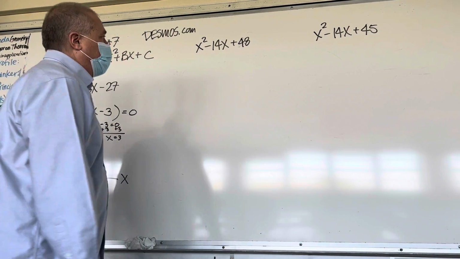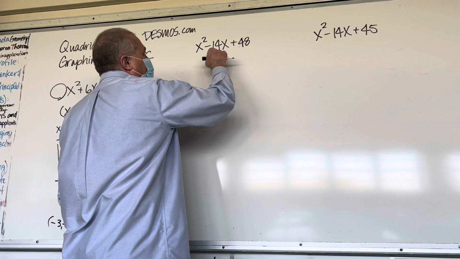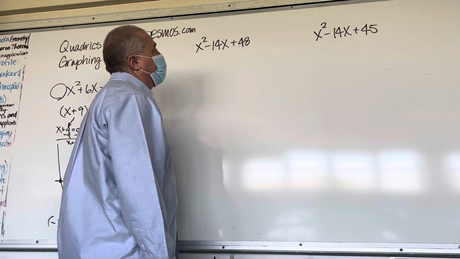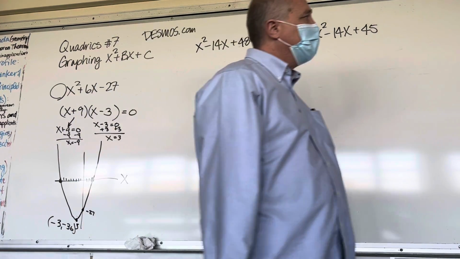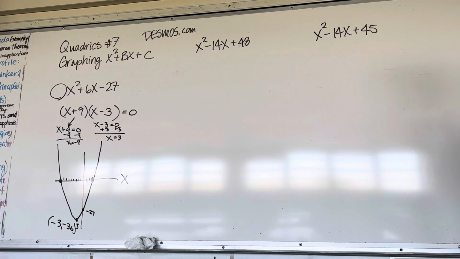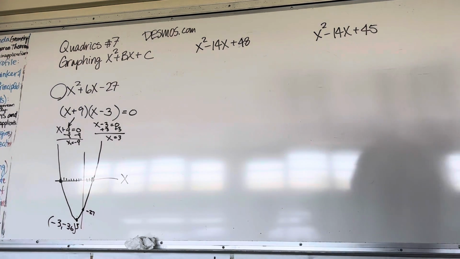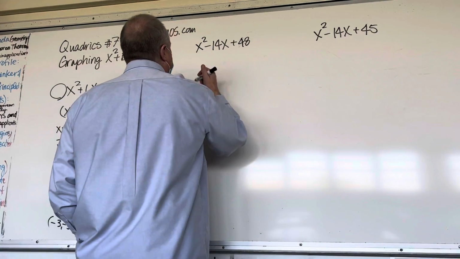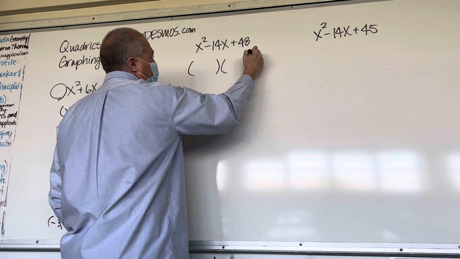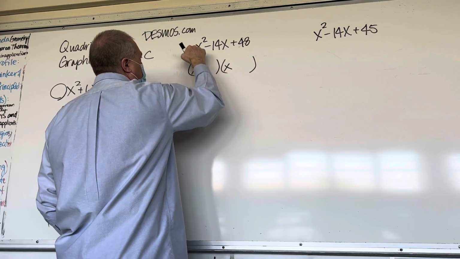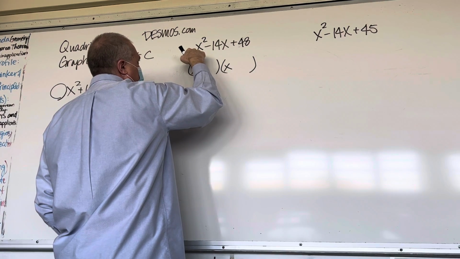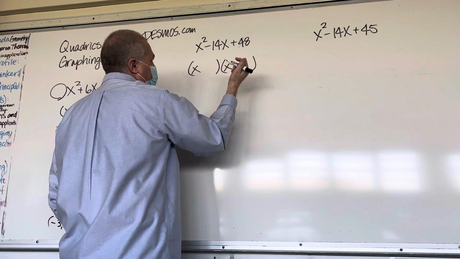Let's factor this one. What two numbers times each other equal 48, but add to a negative 14x? Well, what are the factors of 48? How about 6 times 8 is 48? And if they were both negative, a 6 and an 8 would add to 14. So this factored is going to have the x and the x, and that's the beauty of having a 1 for the coefficient here, a, because we know these are x and x.